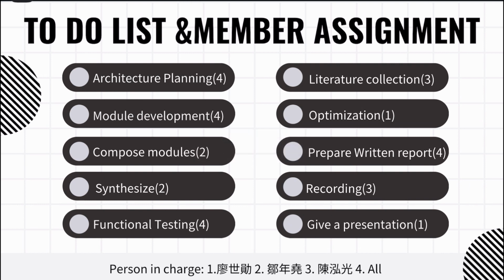Now we are going to introduce our to-do list and member assignment. First of all, all of us were part of the design process together. Instead of just improving the algorithm, this time we really focus on reusing modules over and over again, which saves a lot of space overall. Right now, we are thinking about combining functions 1, 2, 6, and 7, and also merging functions 3 and 4.